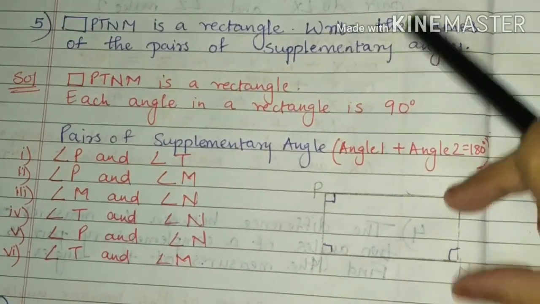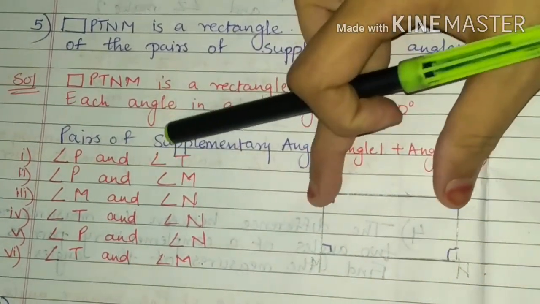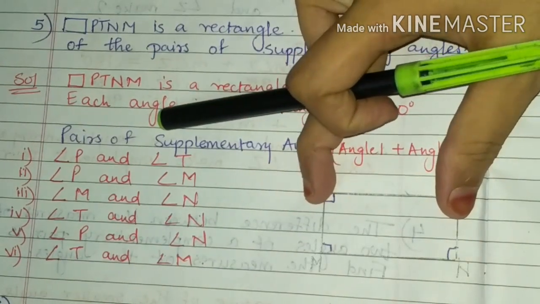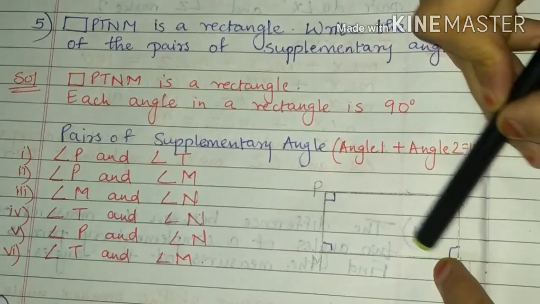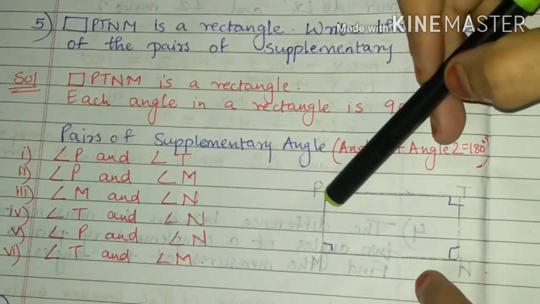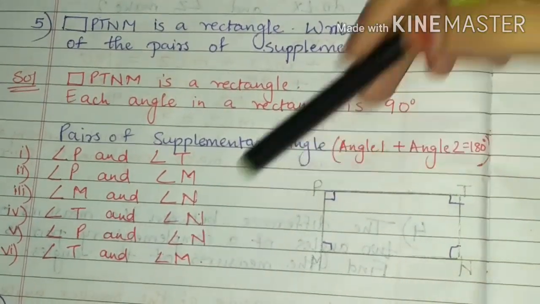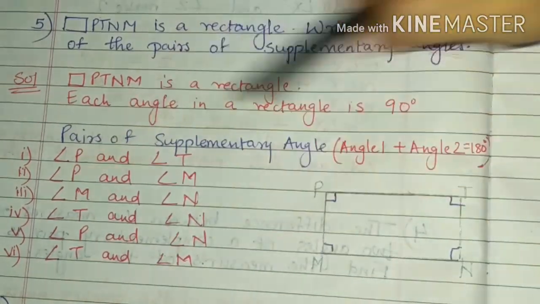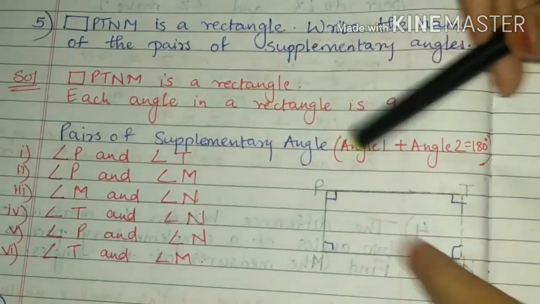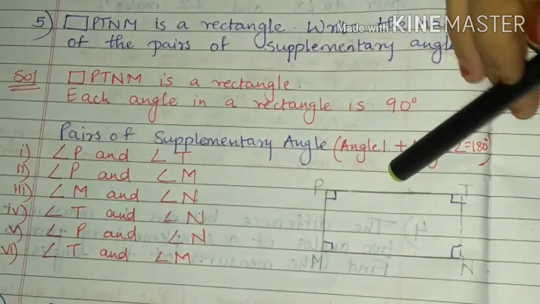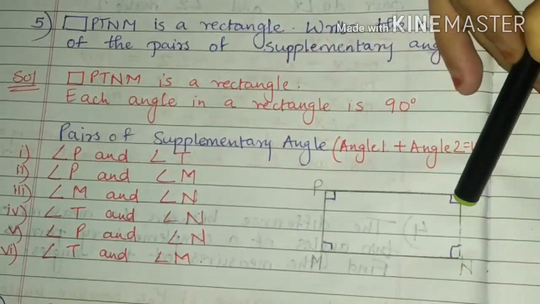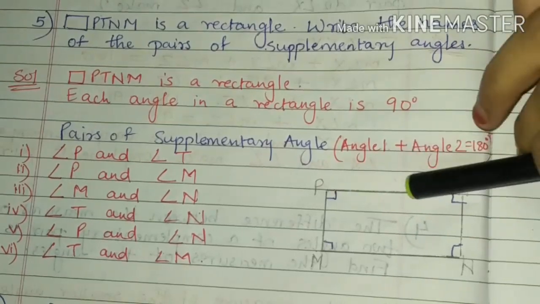This will be one pair, this will be one pair, these two angles will make one pair. And if I join T and angle M, from the figure you can understand, you can make any two angles a pair, as each angle is 90 degree. Okay, got it?